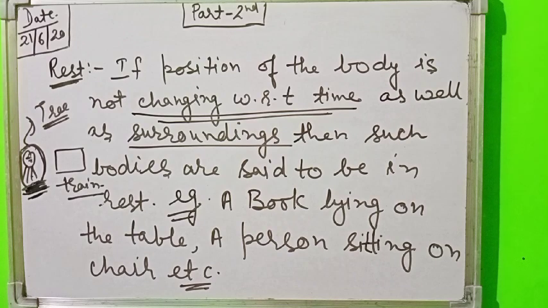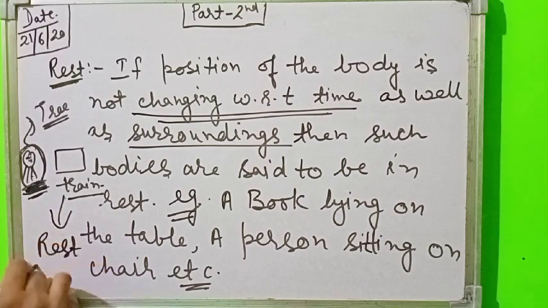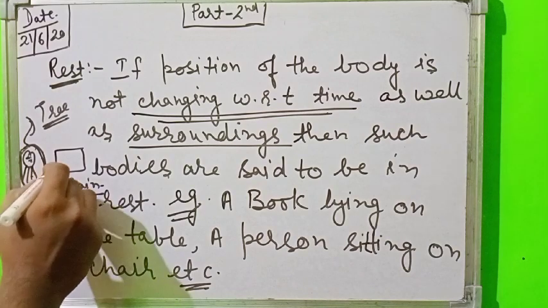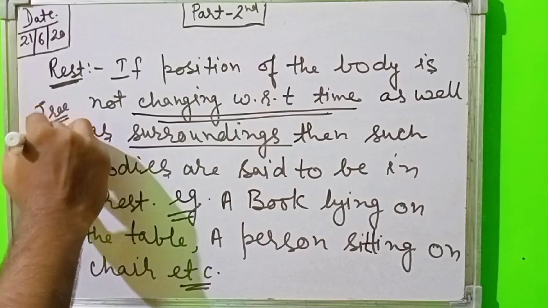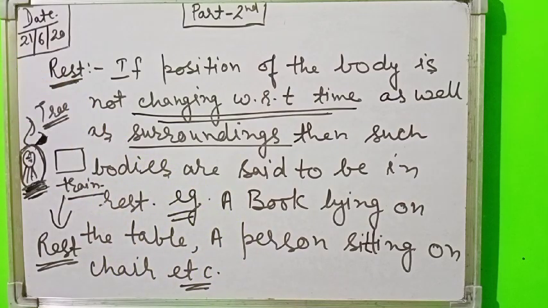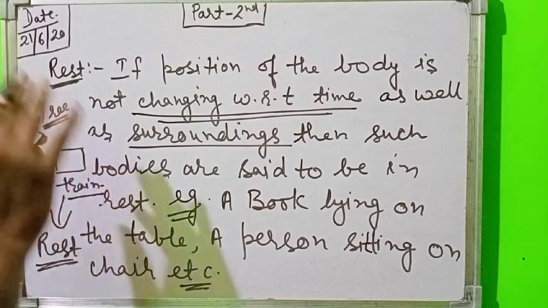And so you say that the train is at rest at that time, because with the passage of the time, the tree is not changing its position with respect to you. And so you are saying that the train is at rest.